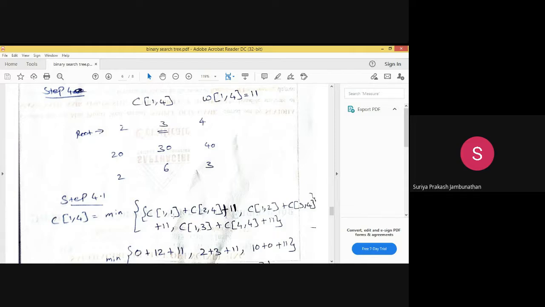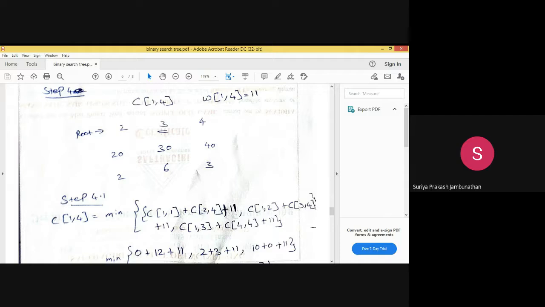So k minus 1 we are getting 1 here. So i value is 1, 1, 1 plus C of k, j. So j value is 4 plus 11 we are getting. So 11 is the frequency addition. C of 1, 2 plus C of 3, 4. So C of 1, 2, 2 is the k minus 1 value because the k value is 3.